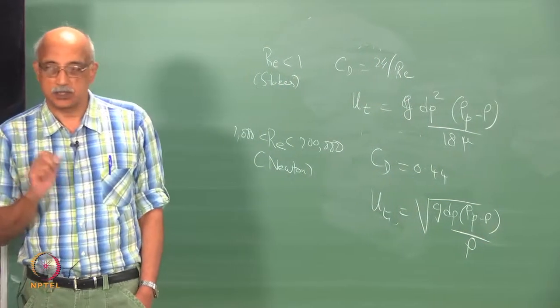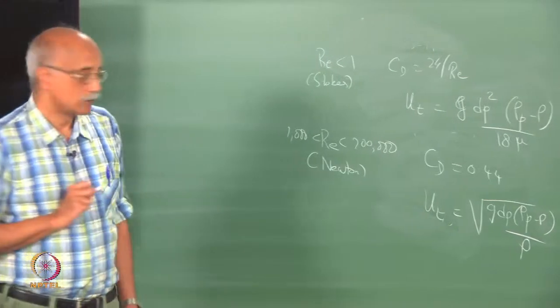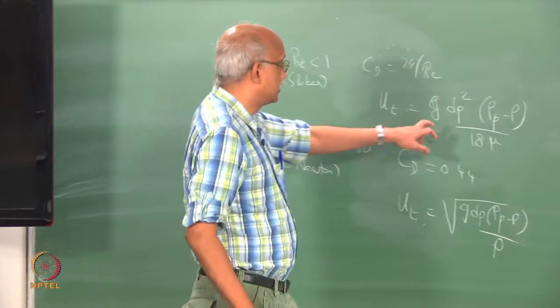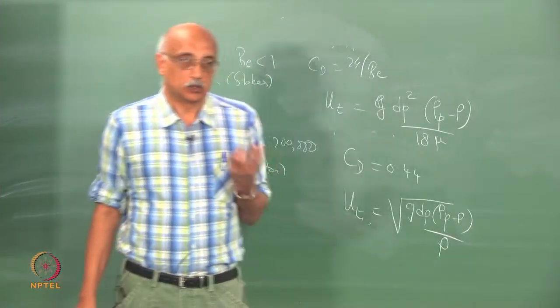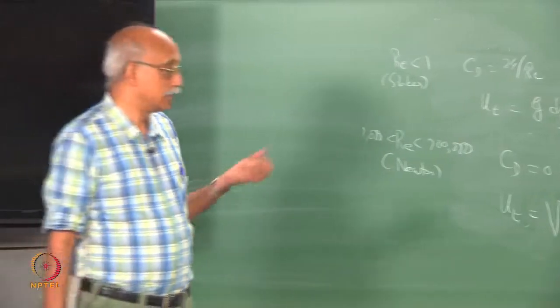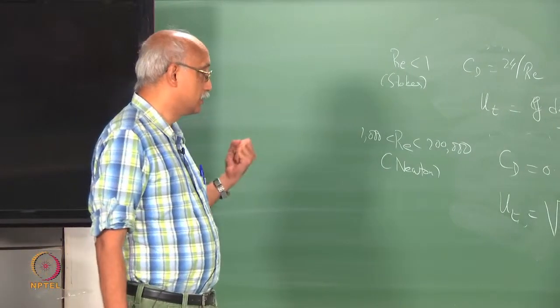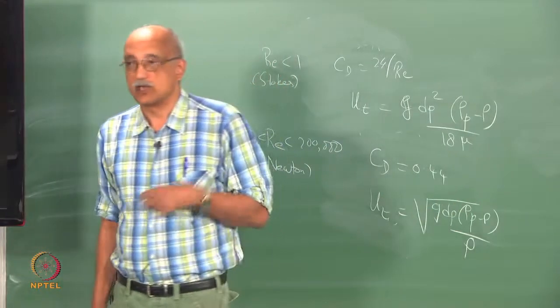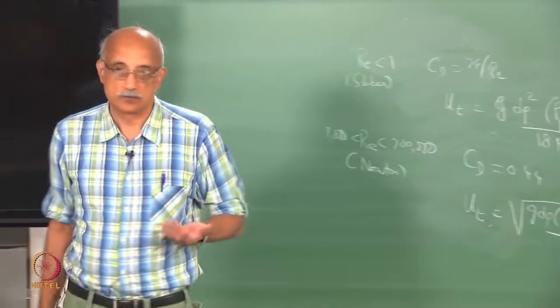So, the important thing that you need to realize is that the dependence of UT on particle diameter goes from a square dependence for very small Reynolds numbers, to a square root dependence for very large Reynolds numbers.